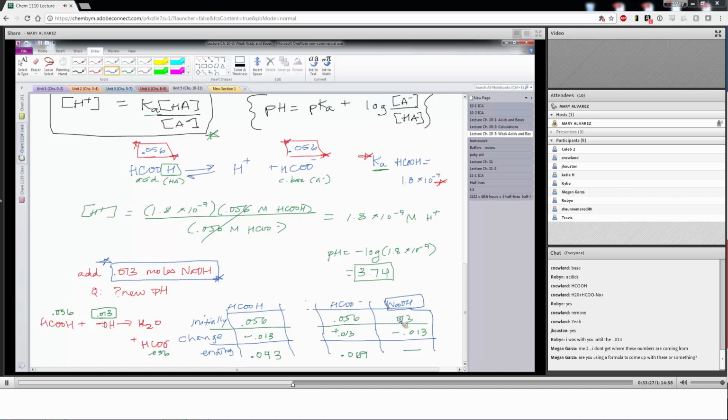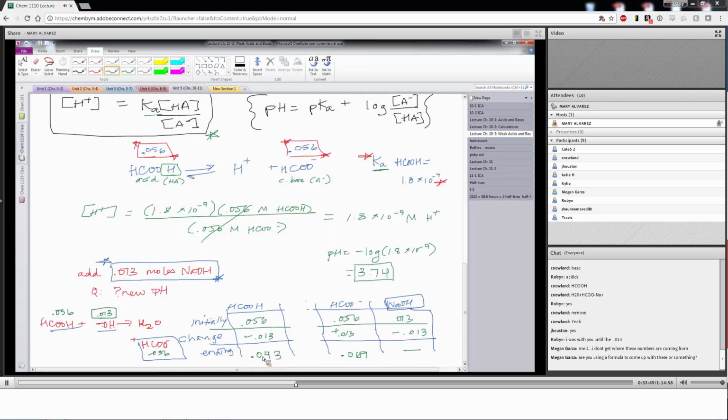And so recognizing bases react with acids. So as the base is used up, it's also going to use up some of my acid. And in the process of using up that acid, as we did here, we're going to create more of our conjugate base. So that's why we subtract 0.013 moles from each of these. We add 0.013 moles here.